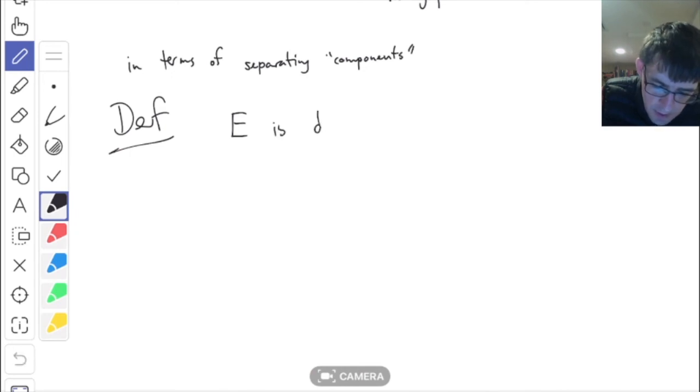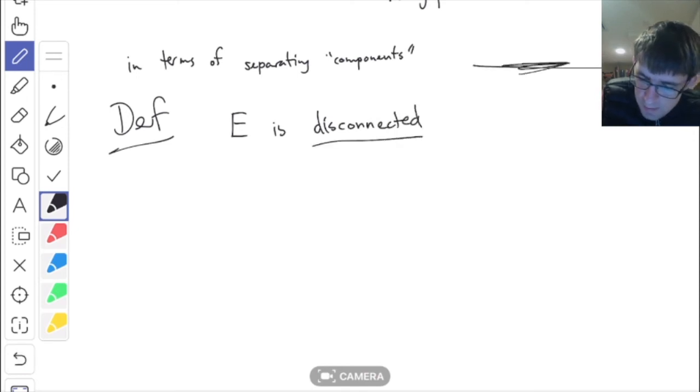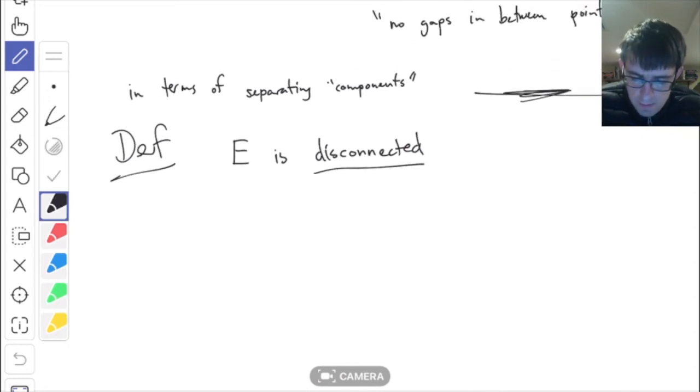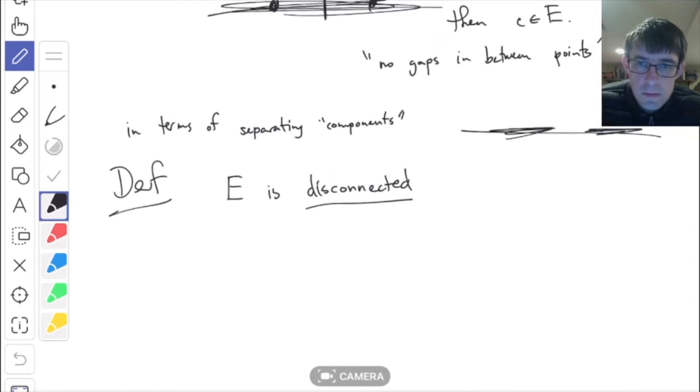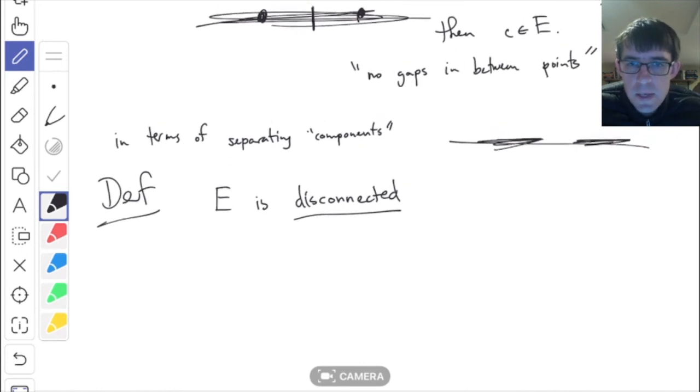E is disconnected. Remember, the picture you should have in mind is like this. It's under my face. Like this, right? Disconnected means it has just two separate chunks to it.